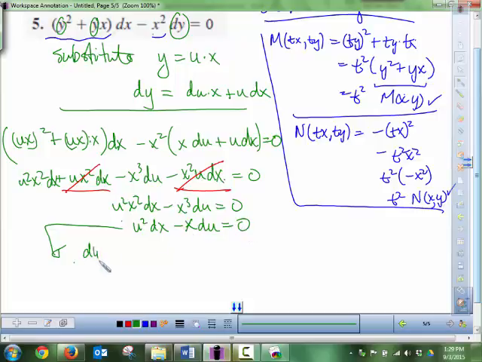And then du over u squared is equal to dx over x. Right? So bring it over, separate the u's and the x's. So now let's integrate. Now that it's a separable differential equation, maybe we should put separable.